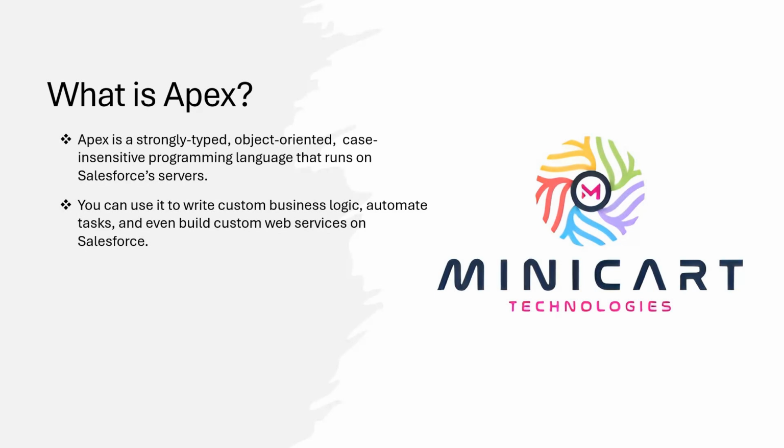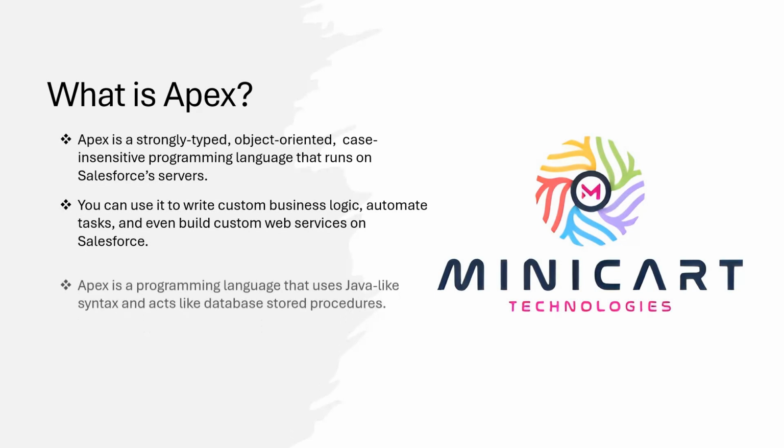And you can write a job to run at a specific interval of time as per the business logic. Custom web services means you can interact with third parties like a payment processor and other applications which can communicate with each other, and we can write it on Salesforce.